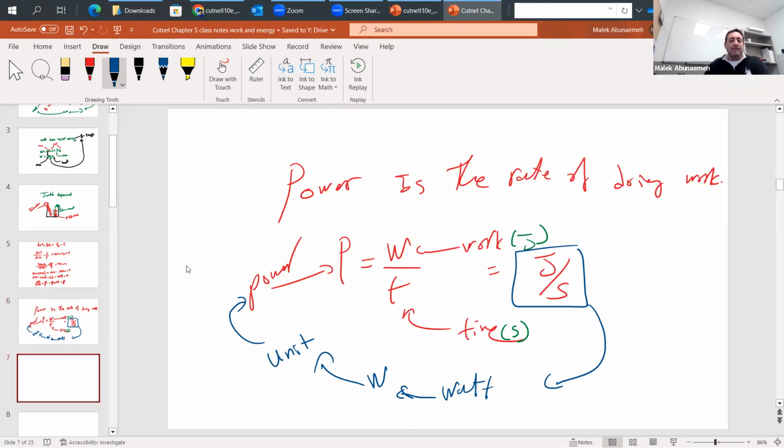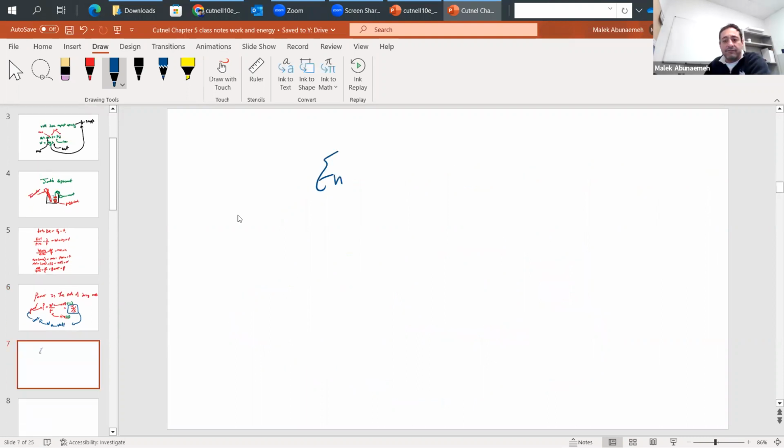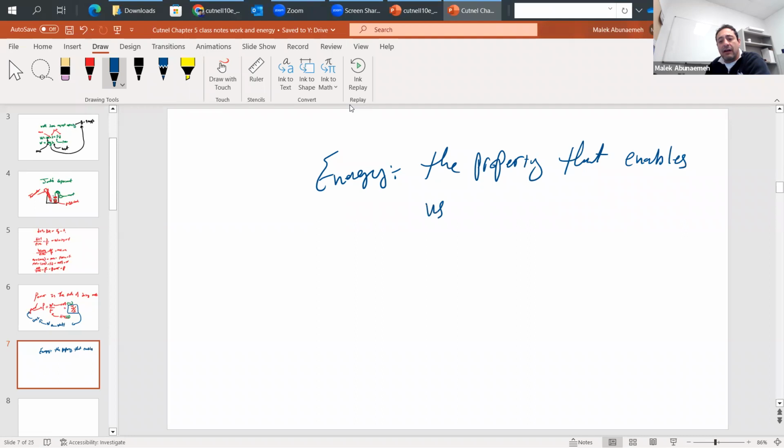Awesome. Now let's define energy. Your energy is a property, something that enables us to do work. Now, there are going to be two types of energy we're going to be talking about.